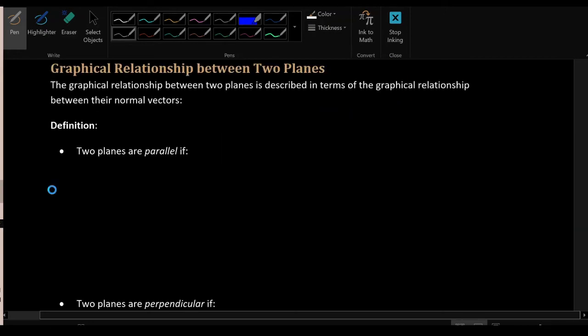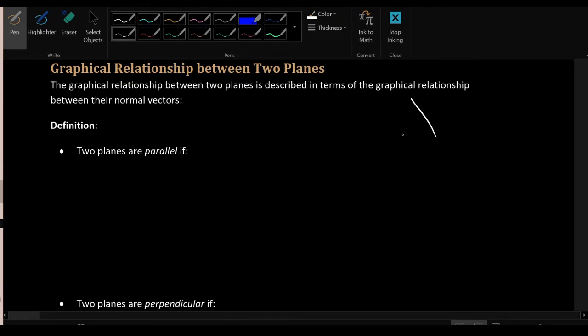Now, how do we describe the graphical relationship between two planes? Recall that we had some words and we had some language to describe the relationship between two lines. We said, for example, that two lines were parallel if they were pointing in, roughly speaking, the same direction.